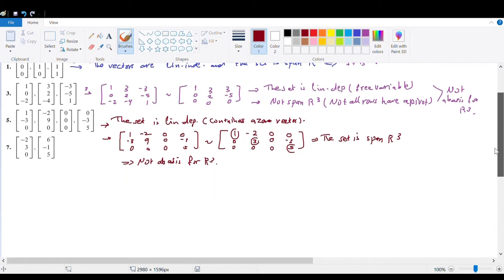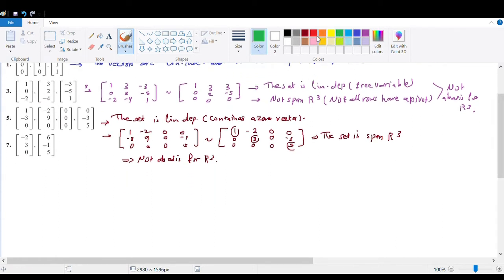Now for 7, since we have 2 columns, and neither of them is a multiple of the other, the set is linearly independent. None of the vectors is a multiple of the other.